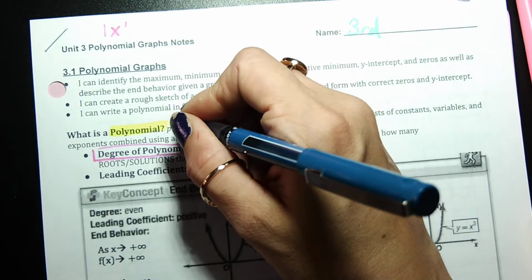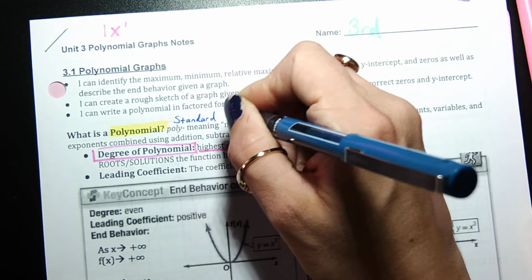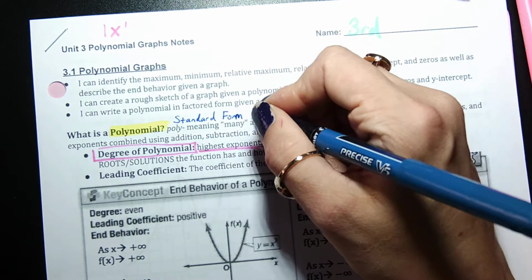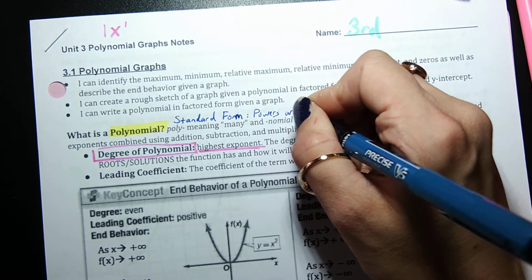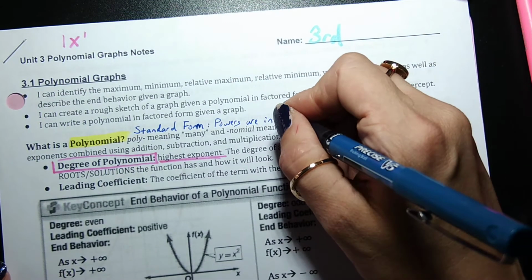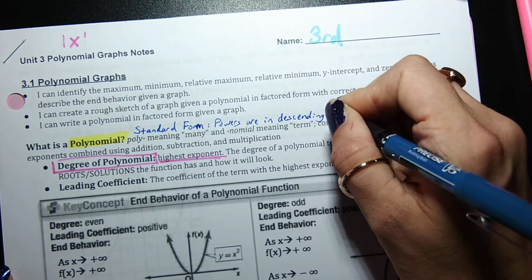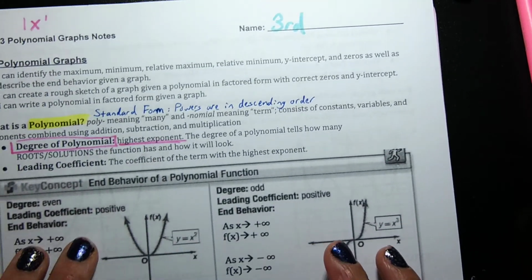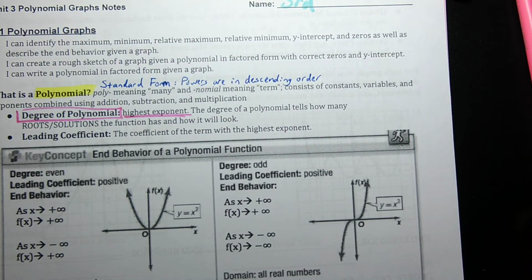So polynomial standard form: the powers are in descending order.